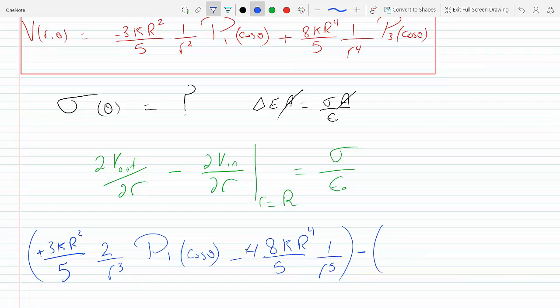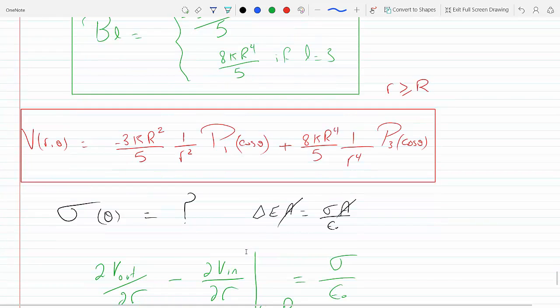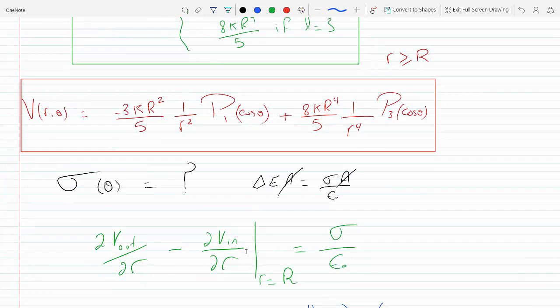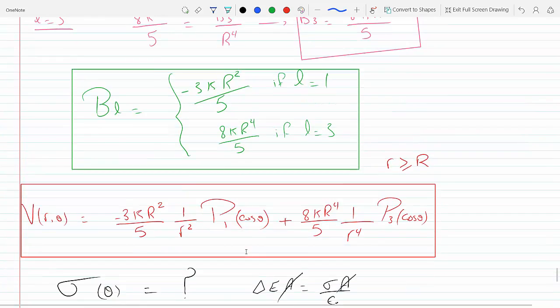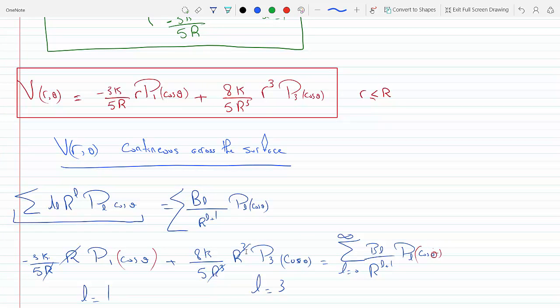Minus, now let's do the dV in. What's the derivative of that? That equation is here. So we're going to get minus 3k over 5R.